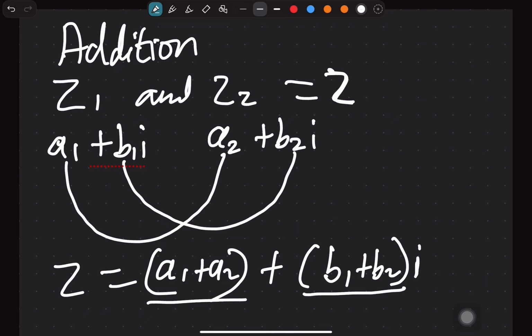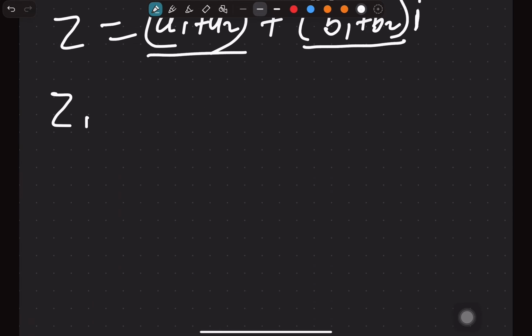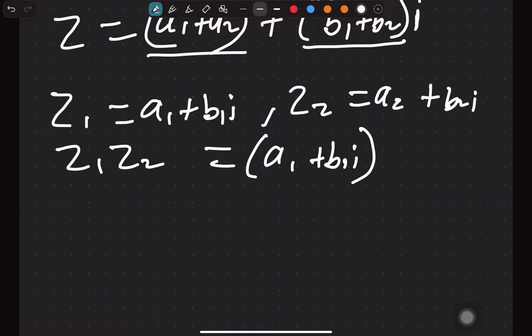Now in multiplication of complex numbers, let's look at an example. So we have the same z1 being given by a1 plus b1i and z2 being equal to a2 plus b2i. Then z1 z2 will be equal to a1 plus b1i multiplying a2 plus b2i. Now let's expand this and see how it will look, as in the normal expansion where we employ the distributive property.